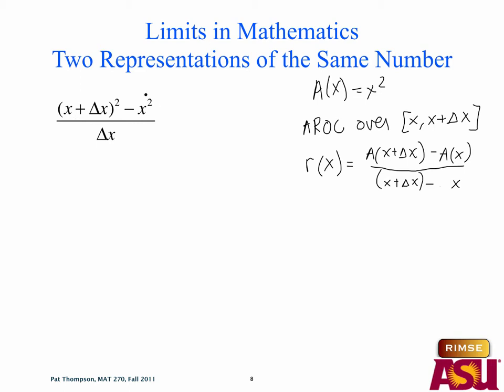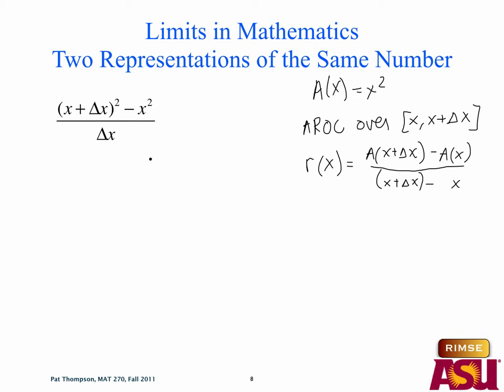And A of x is x squared. And then if I simplify the denominator, I just end up with delta x. Can I simplify this further? Some people said yes. So how would I go about trying to simplify this?